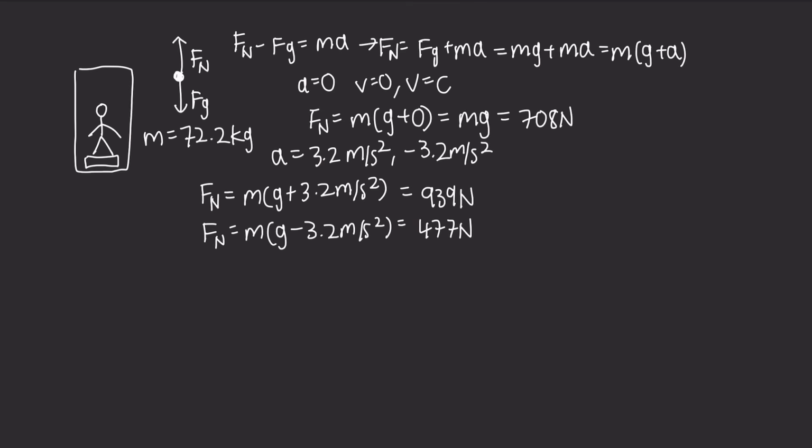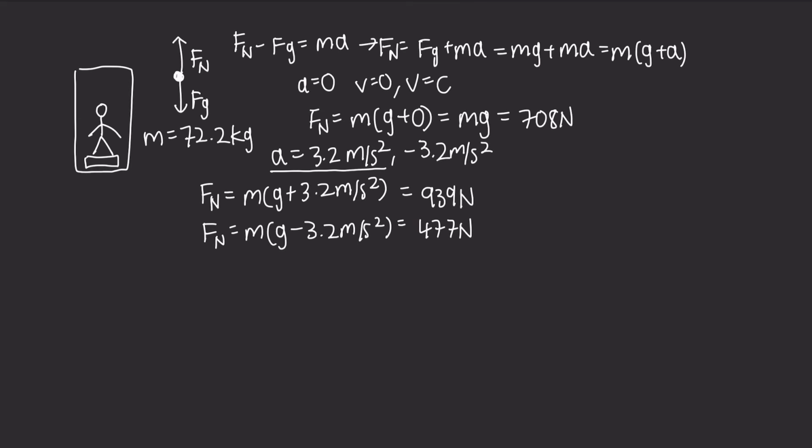All right, for the last question, when it is accelerating upward at 3.2 meters per second squared, what is the magnitude of F net on the passenger, and what is the magnitude of the acceleration as measured in the frame of the cab? The magnitude of the gravitational force on the passenger doesn't depend on the motion of the passenger or the cab.